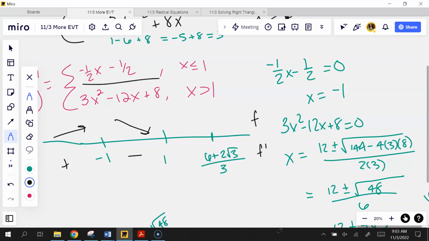Okay, since this is bigger than 1, I've now moved to this equation. It's negative. Feel good about that, Henry? It's negative. So think about something like a cubic that would come in and kind of do that.